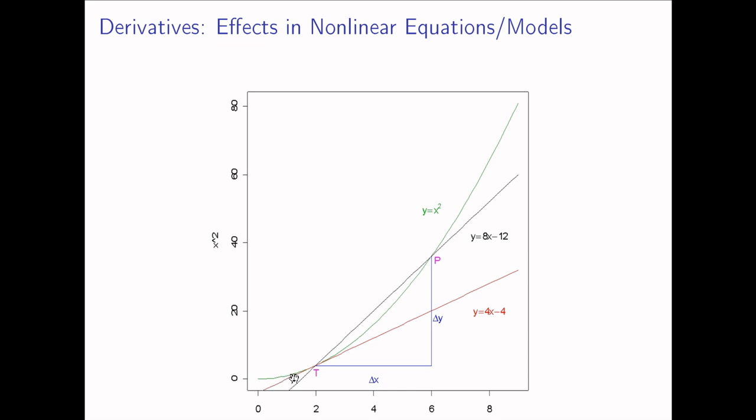When x equal to 1, y equal to 1, the curve does not change that much. When x increases, y also increases at a much faster rate. So the effect of x on y varies with the values of x.